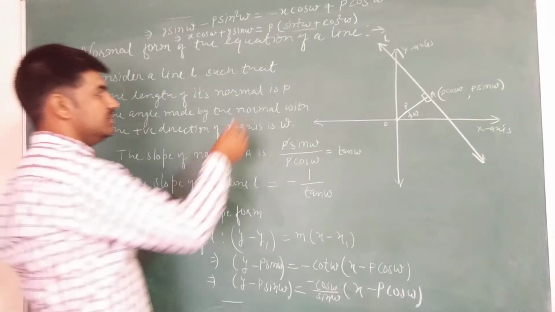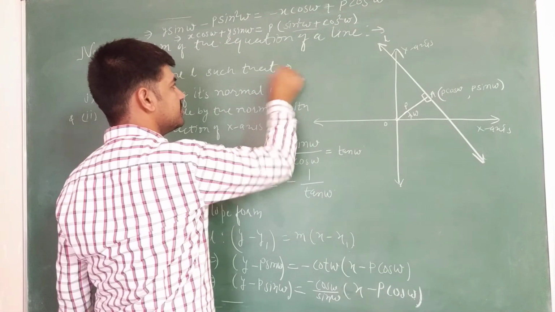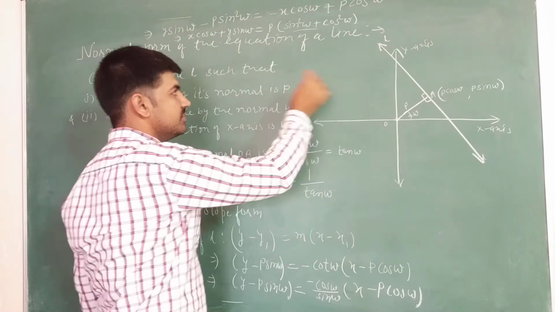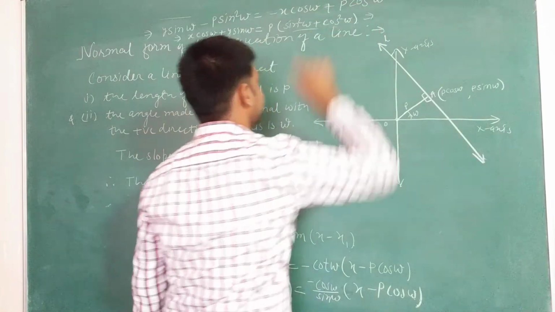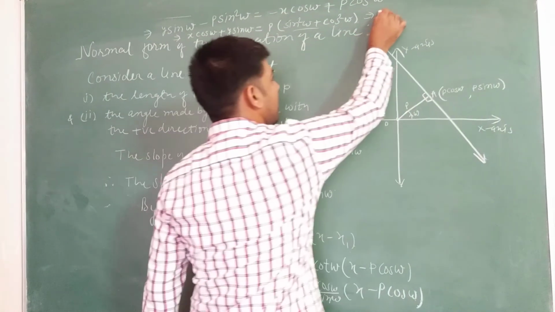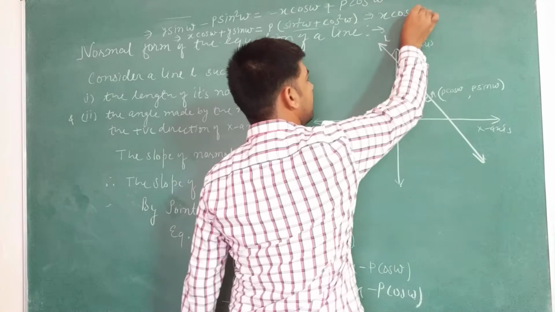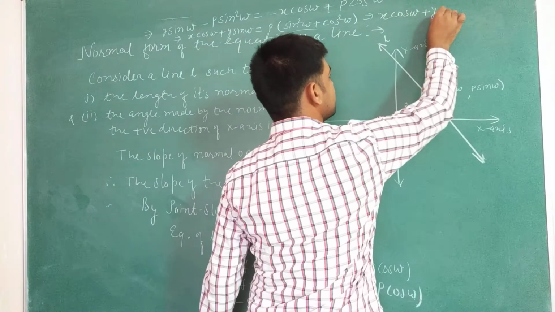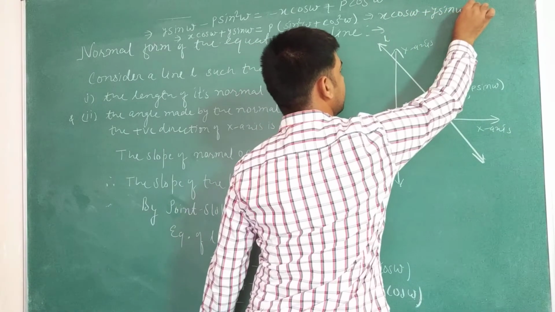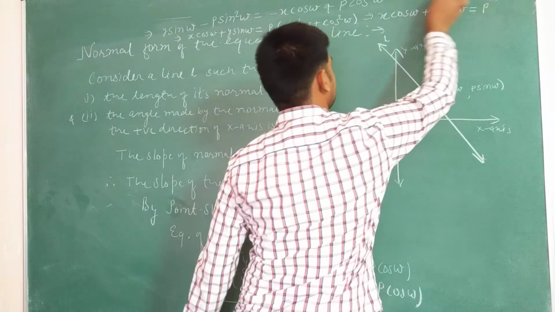So what is the normal form of equation of the line? The normal form of the equation of the line here I am mentioning is x cos omega plus y sin omega is equal to p.